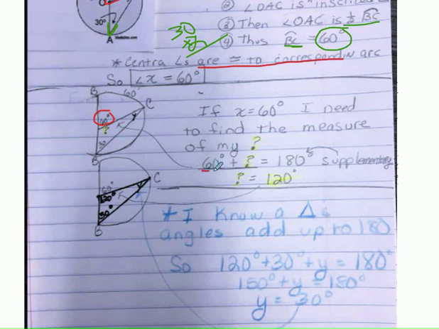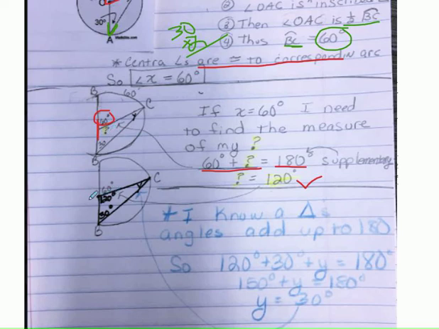So 60 degrees plus my question mark has to equal 180 degrees. Why? Because these two angles form a straight line, and this straight line is 180 degrees. So I subtract 60 from both sides. That missing angle right there is 120 degrees.